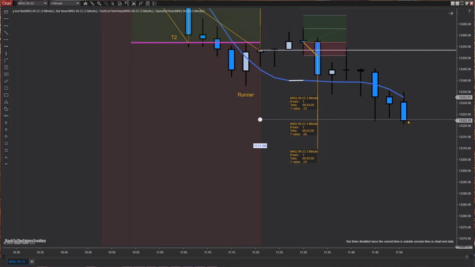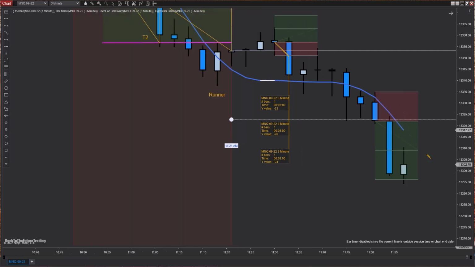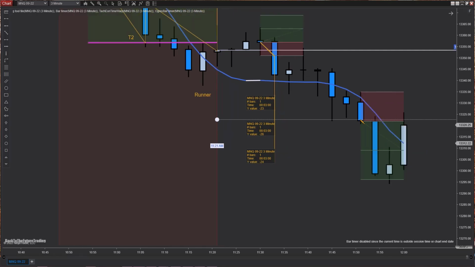So this is an STP trade, as I would call it, a stop puncture trade to the downside. We would enter here. Stop goes to the wick. Target 1, target 2. Target 1. Nope, I wasn't that accurate on that one. Target 2. And our runner is taken out at break even.